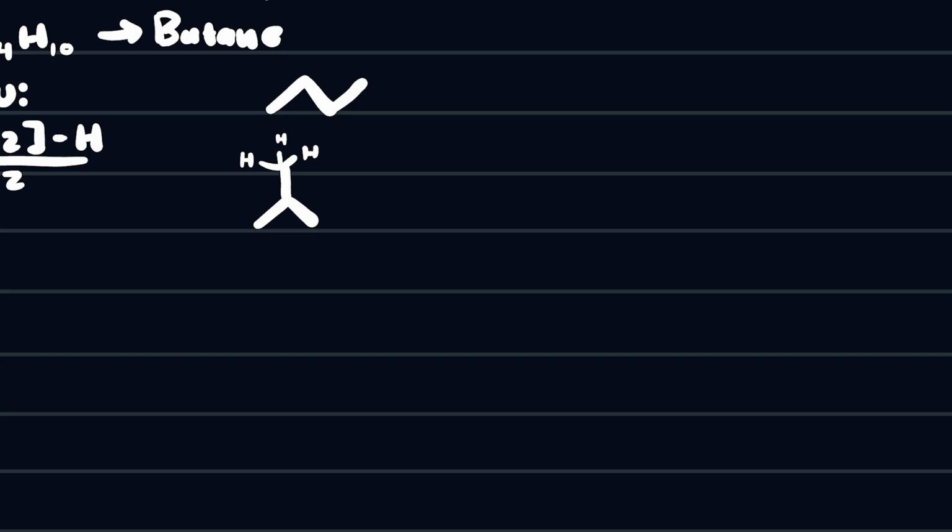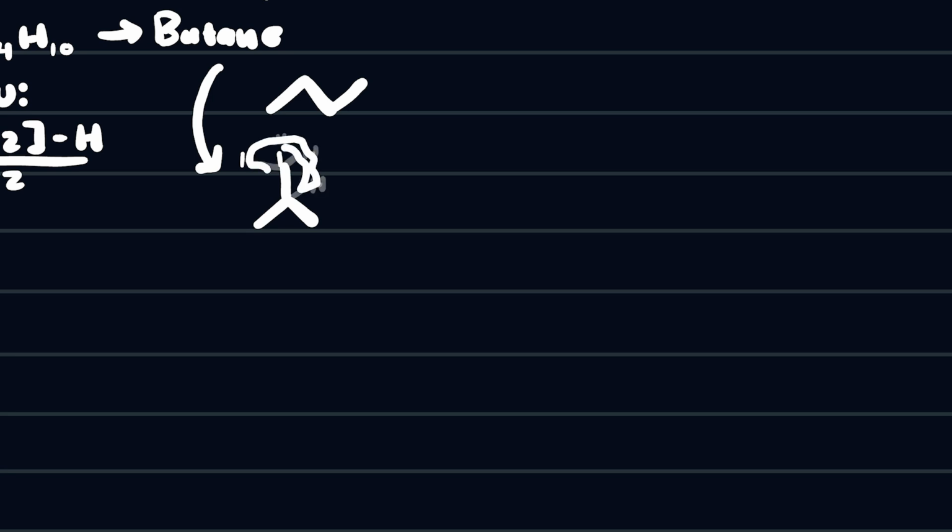But that means this inner carbon will be bonded to 1 hydrogen. So if all the other 3 carbons are bonded to 3, that means they make up 9 hydrogens, and the inner one with just one makes up the 10th hydrogen, so this is also the same formula, just a different structure.